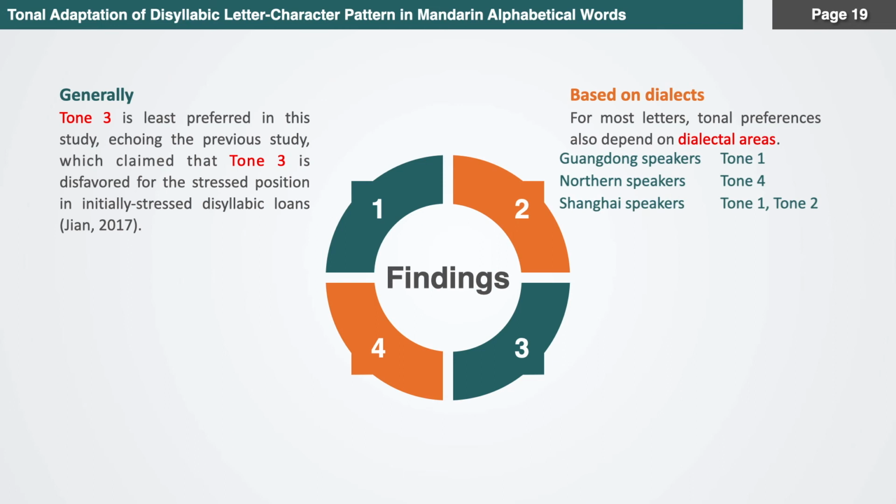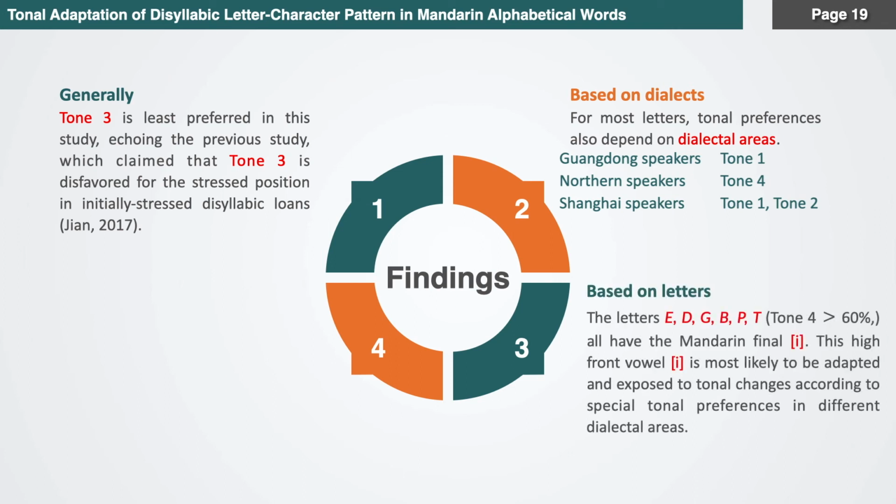For example, Guangdong speakers prefer Tone 1, Northern speakers prefer Tone 4, and Shanghai speakers prefer Tone 1 followed by Tone 2.